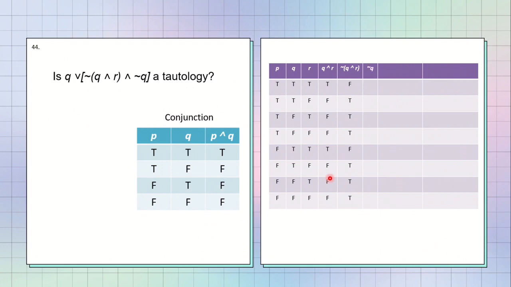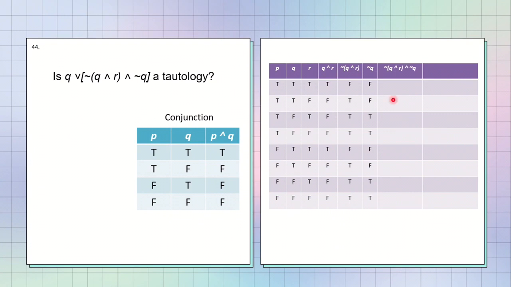For the next one, we will negate the value of Q, the second column. Again, negation. So we will be focusing here on the second column: false, false, true, true, false, false, true, and true.